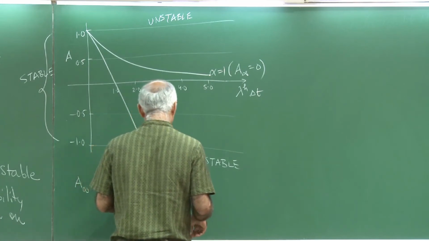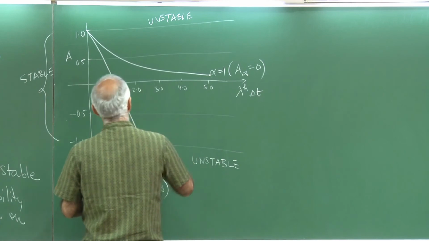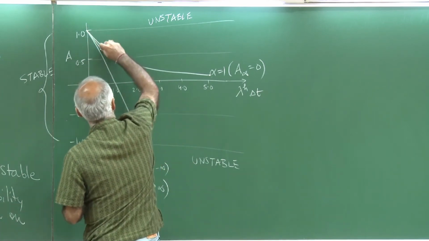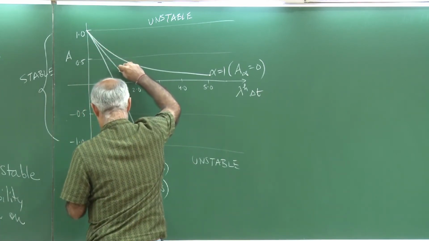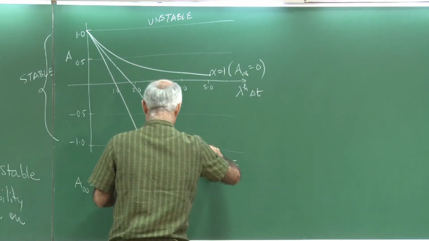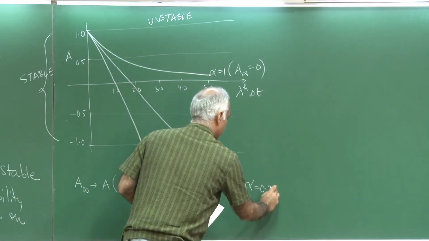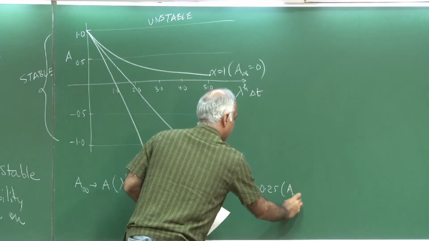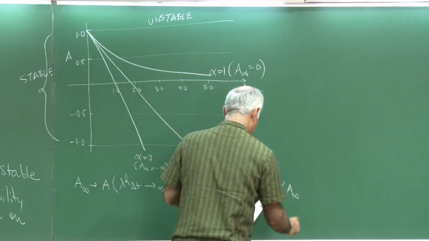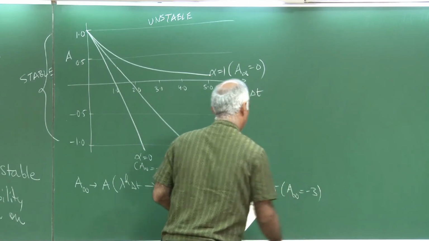So if you look at alpha equal to let us say 0.25, you would see something like this. So this would be alpha equal to 0.25, and actually A infinity tends to something like -3.